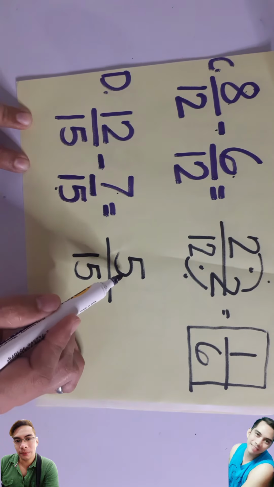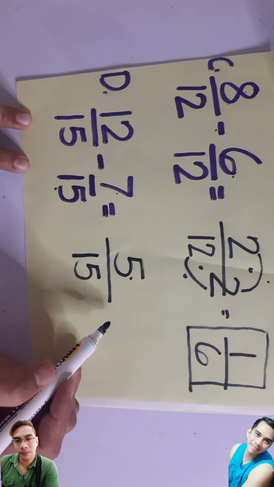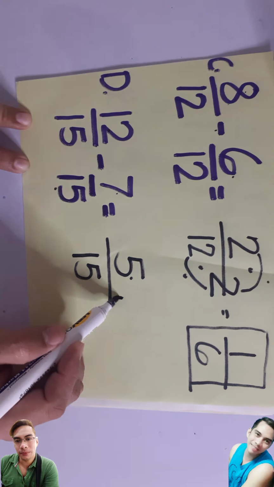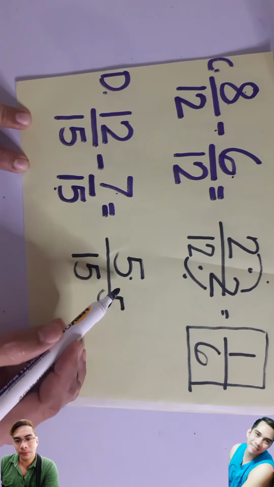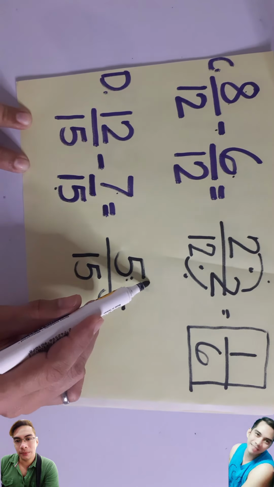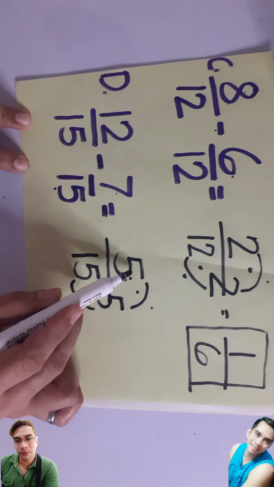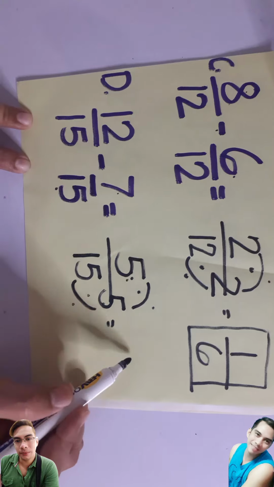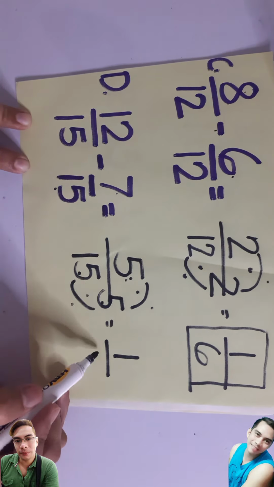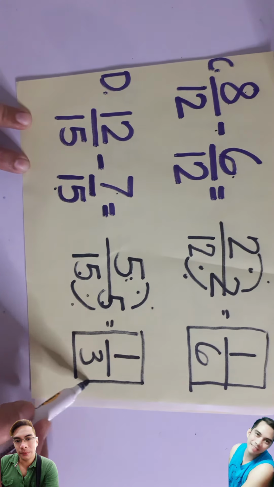So, 5 and 15, pwede pa po nating ma-reduce sa lowest term or ma-simplify sa pamagitan ng GCF na 5. 5 is the GCF of 5 and 15. So, ito po naman ulit ay ating i-divide both sides. 5 divided by 5, answer 1. Then 15 divided by 5, answer 3. So, now your answer is 1/3.